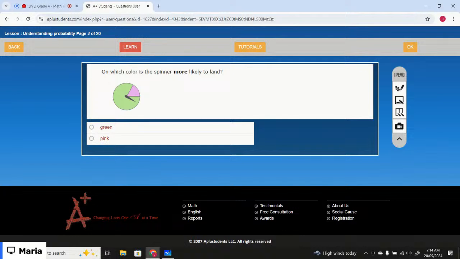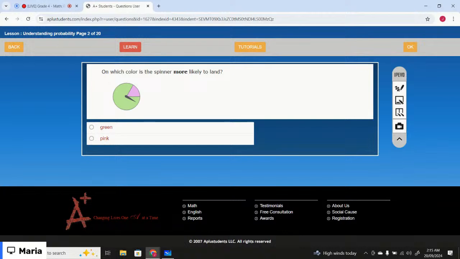On which color is the spinner more likely to land?